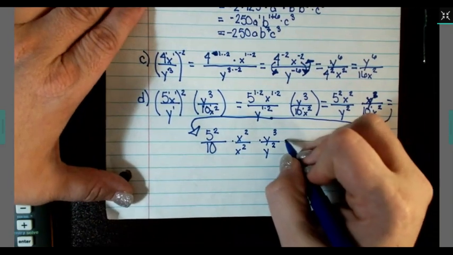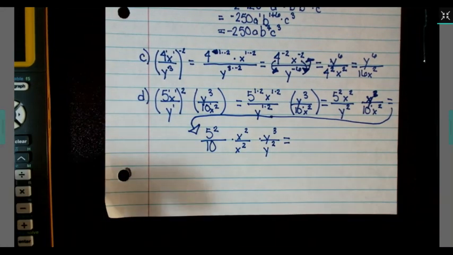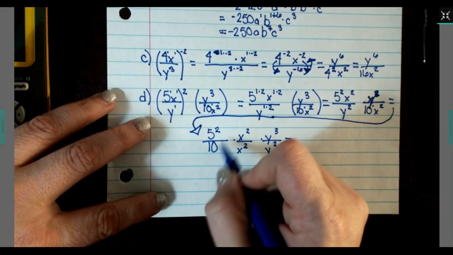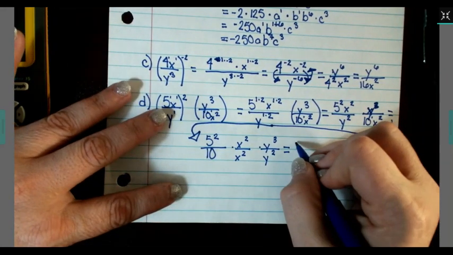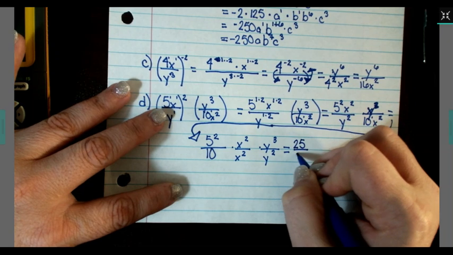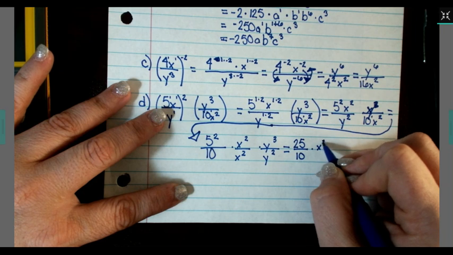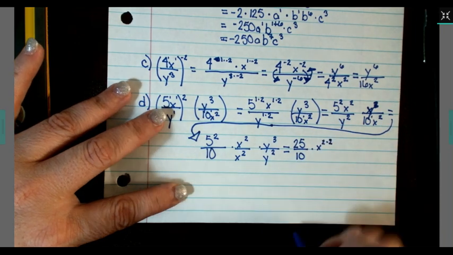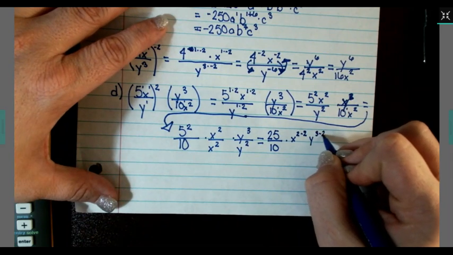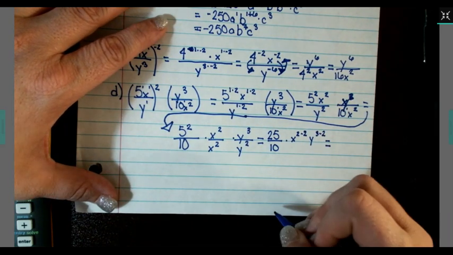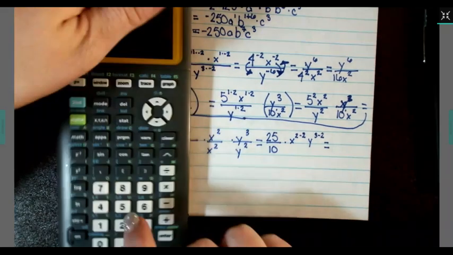Okay, got to apply our rules here. We're dividing, so we need to be subtracting those exponents. But before I can do anything with this front one, I got to find out what 5 squared is, and that is 25. We would write x to the 2 minus 2 here. This one would be y to the 3 minus 2. Both 25 and 10 can be divided by something.